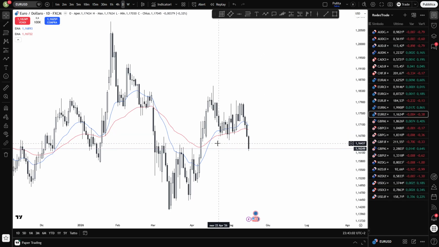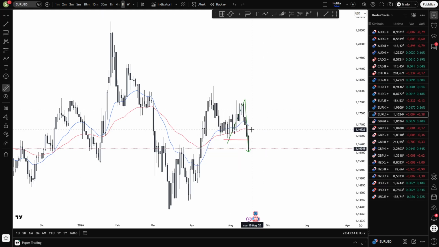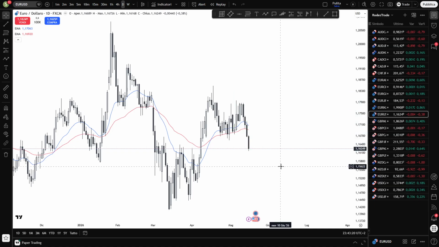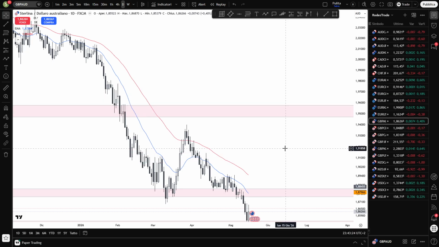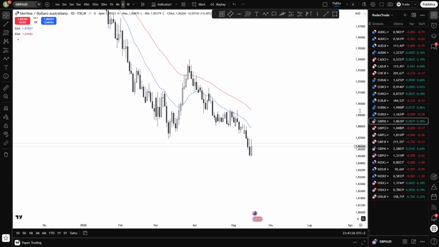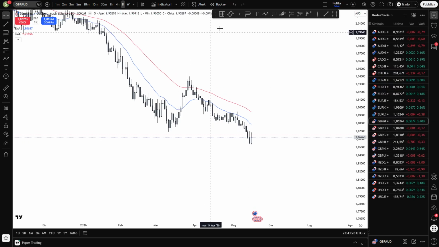Okay, EURUSD is very interesting, because price just expanded on the downside. Price broke through the previous low, and we want to see the distance from the moving average. It is 78, still not enough. I will want a little bit more movement. GBP AUD, nothing clean here.